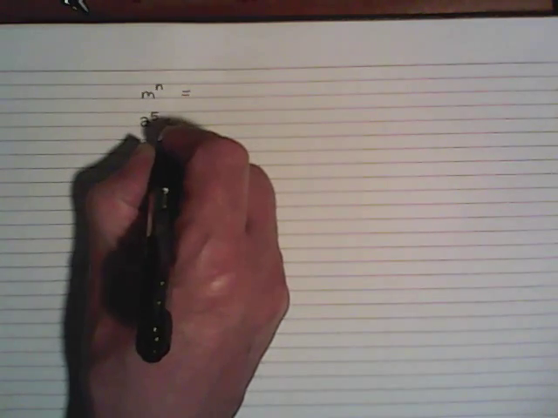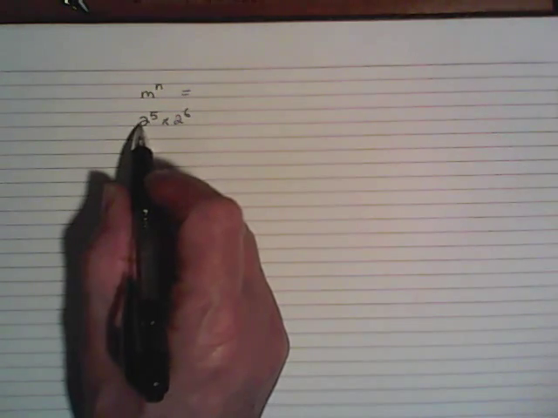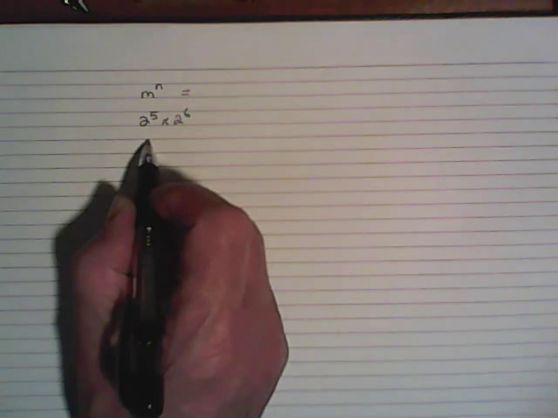Let's, for an example, give this. I don't need to write down the laws of indices. You will be able to see from what I'm doing what the laws are. So we might have 2 to the power of 5, and that is times 2 to the power of 6. Well, 2 to the power of 5 is actually a multiplication, and this is another multiplication.